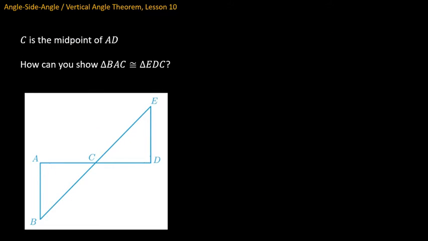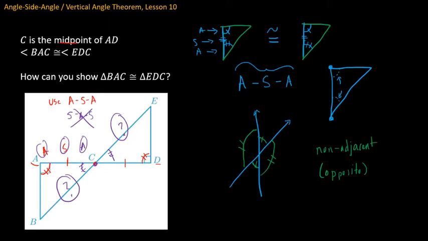The other thing relates to right angles. In the last picture, if you remember, the diagram itself tells us that those two angles are right angles. And it even said in our given that angle BAC was congruent to EDC.